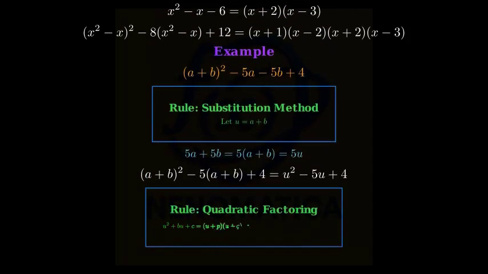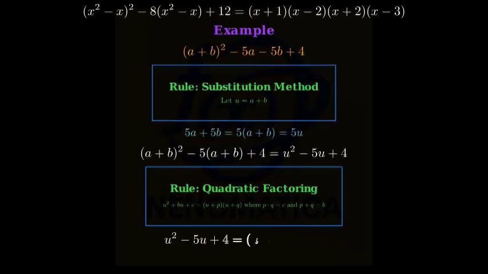Now we have a quadratic expression in terms of u, which we can factor using the quadratic factoring method. We need to find two numbers that multiply to give 4 and add up to negative 5. The two numbers that multiply to 4 and add up to negative 5 are negative 1 and negative 4. So u squared minus 5u plus 4 can be factored as (u minus 1) times (u minus 4).